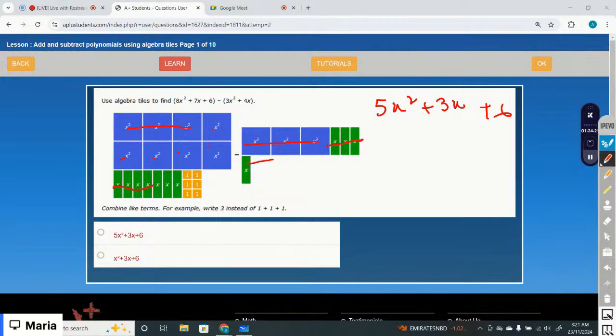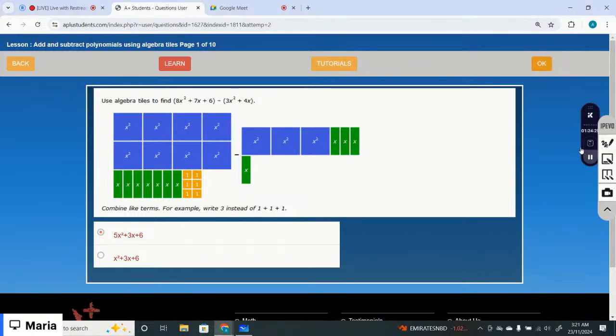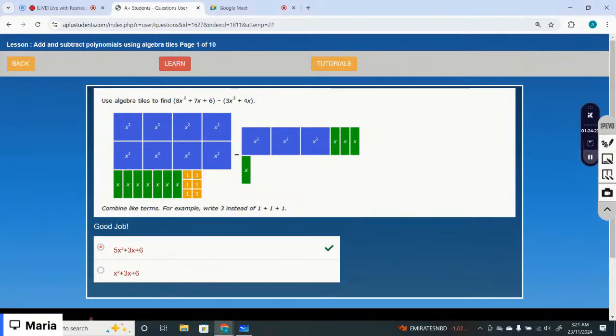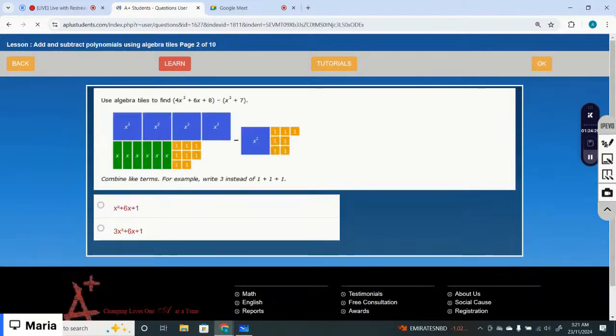The correct option is option number 1. Okay, use algebra tiles to find. So which is the correct option?